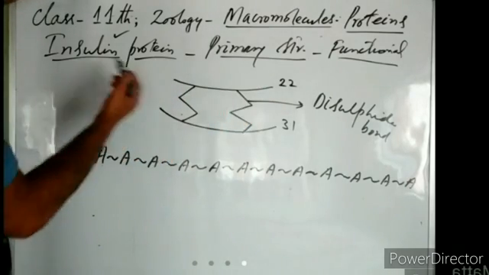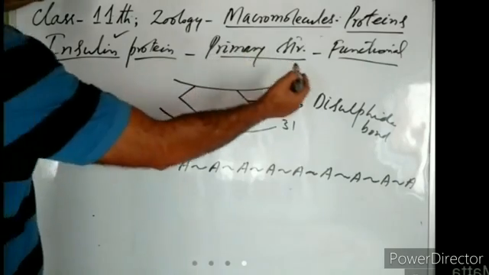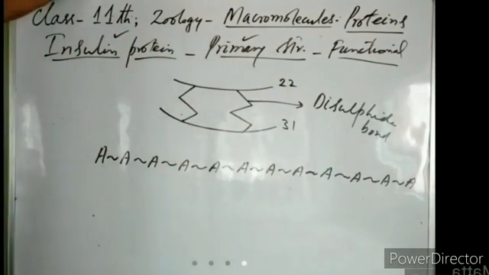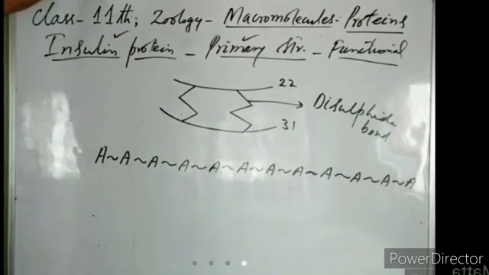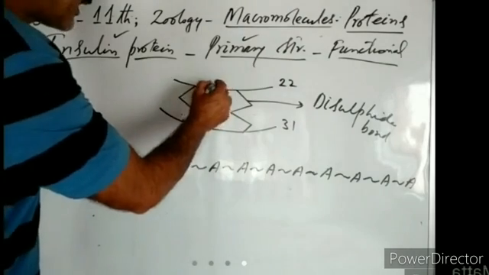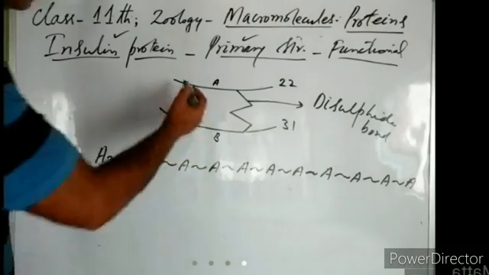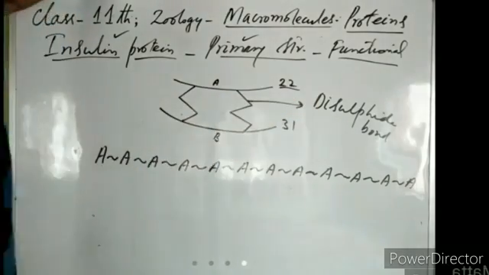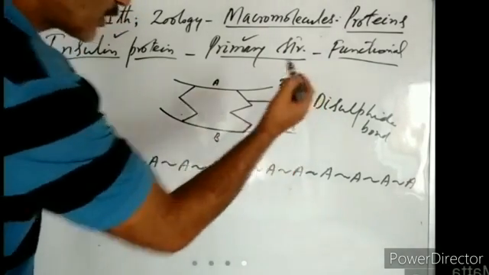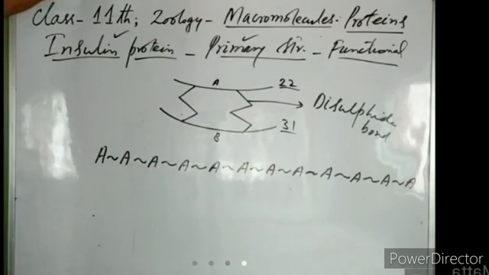So insulin is formed of two polypeptide chains, polypeptide A and polypeptide B. Polypeptide A is formed of 22 amino acids in a specific order. Polypeptide B is formed of 31 amino acids in a specific order.